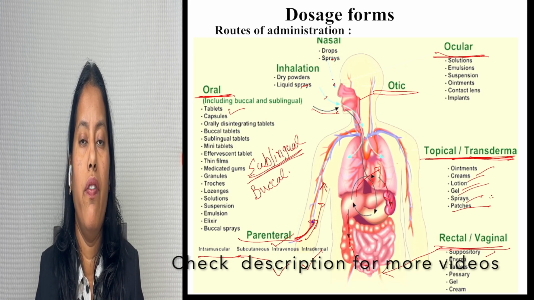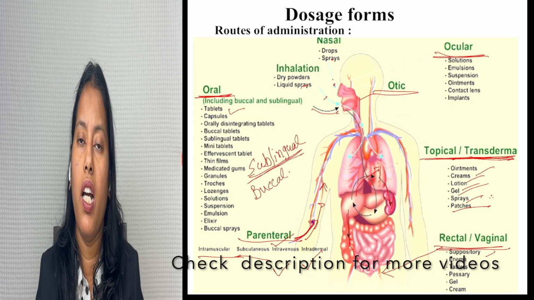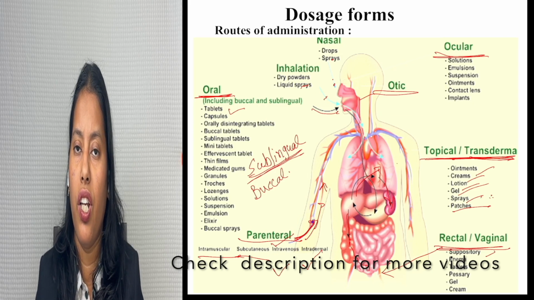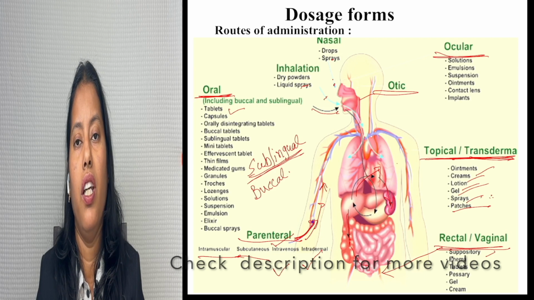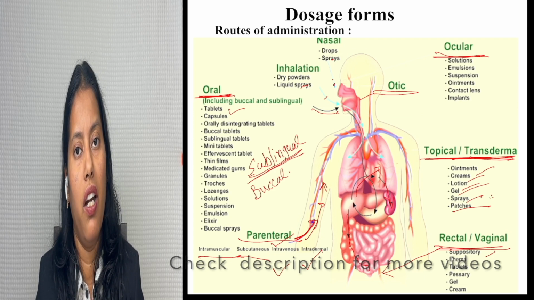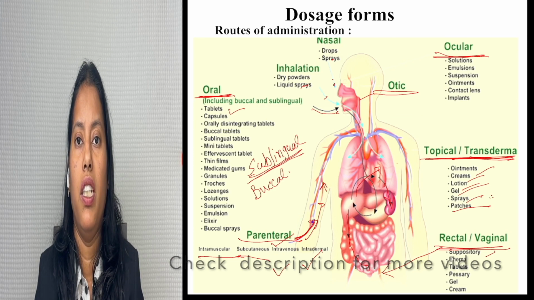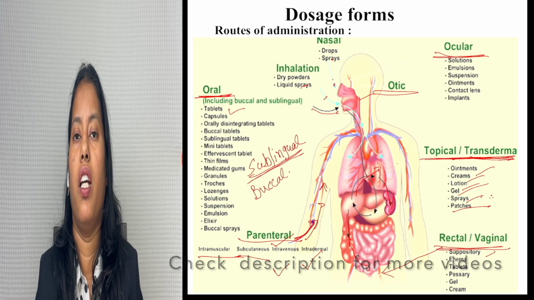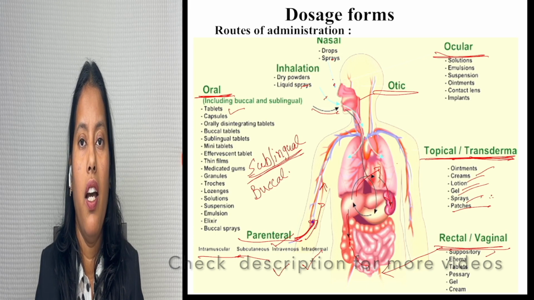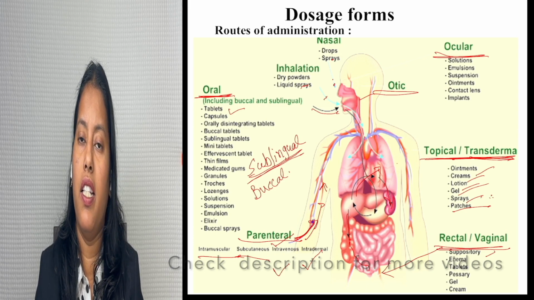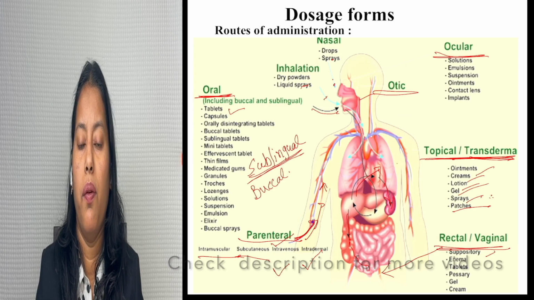You must have observed when you take medicine, the stool color changes, the urine color changes. You feel the smell of the medicine when you urinate or pass stool. So these are the drug entering into your urine and stool and getting eliminated from the body. So these are the various routes through which a drug is administered, how the drug follows the path, and at the end it is eliminated from the body.